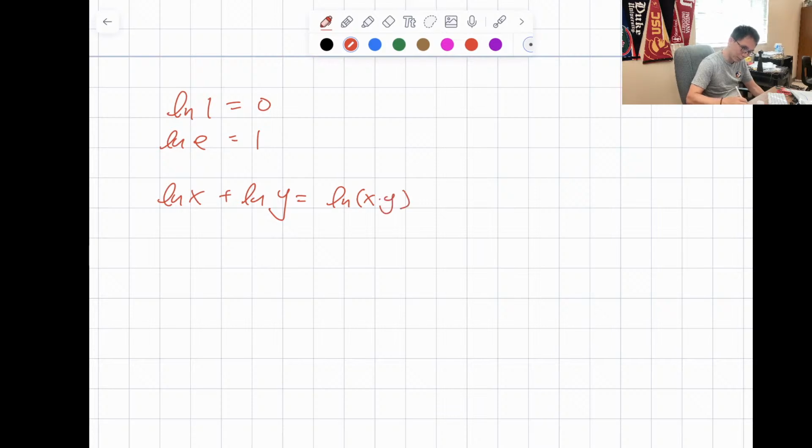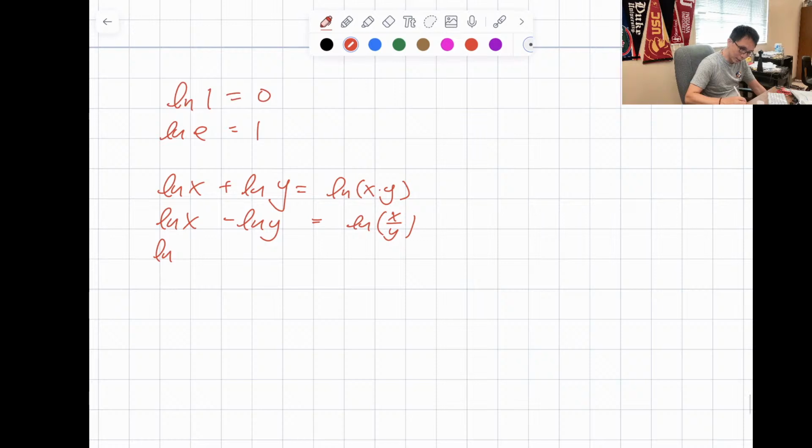And those are basic properties. Natural log of x minus natural log of y is equal to natural log of x over y. And now one last property is what? The exponent one. So that says natural log of x to the y, sorry, that's y. Natural log of x to the y is equal to y times natural log of x.